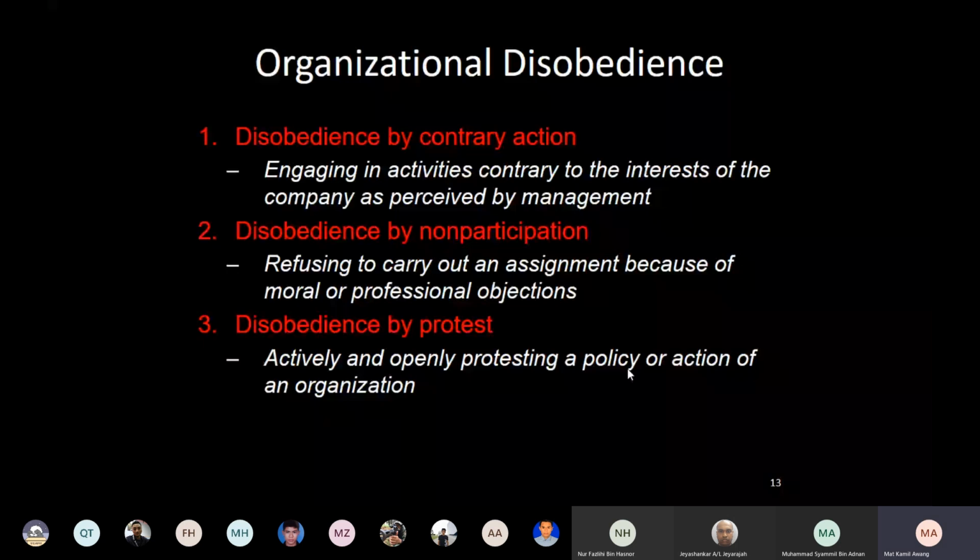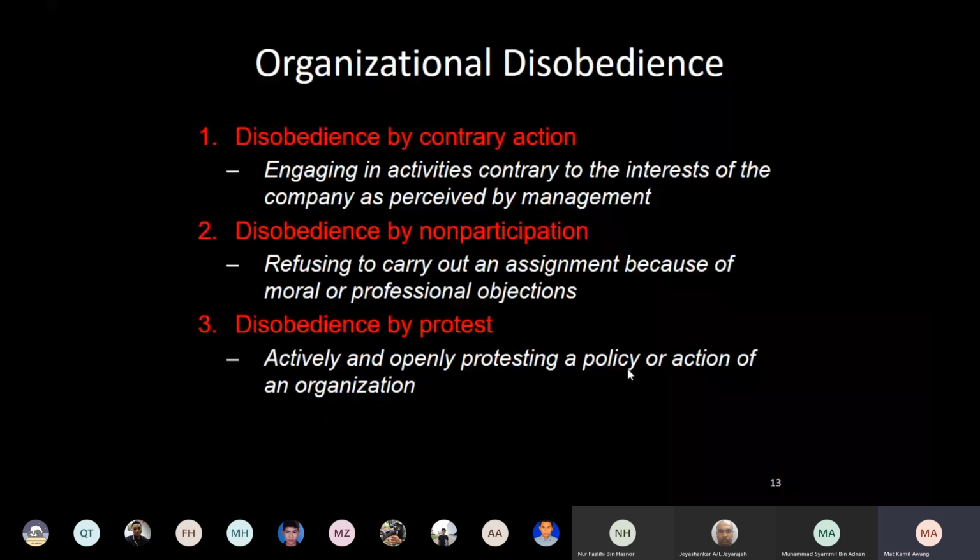For example, you are a doctor and you believe that abortion is immoral, and you work in a hospital, and this hospital actually carries out abortion, and they ask you to perform an abortion. So you say, no, I'm not going to participate in this. I'm not going to carry this out. So that is disobedience by non-participation.